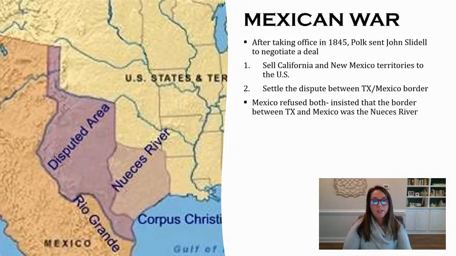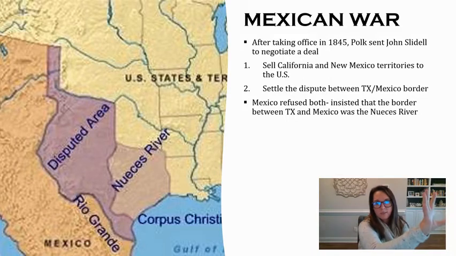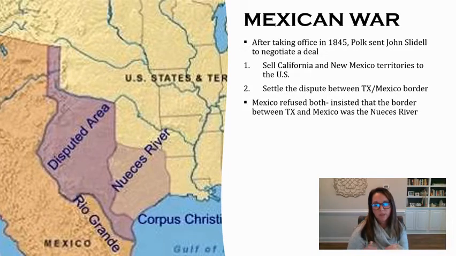Okay, so Polk takes office. He's dealing with Oregon and Britain. At the same time, because he ran on this expansionist platform, and because he's trying to appease both the Northerners and the Southerners, again, remember, he's a Democrat.